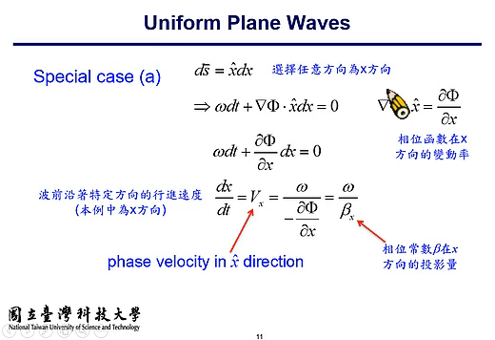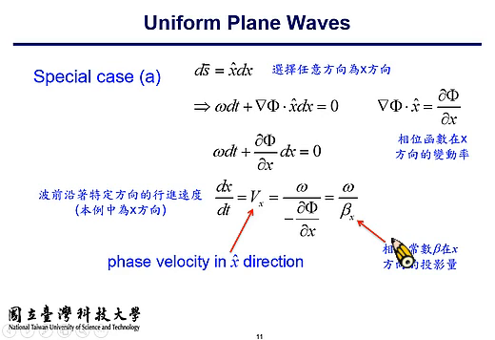So by definition, Vx, the phase velocity in the x direction, is defined as dx over dt, where dt can be substituted with the terms we found in the phase function: omega over minus the spatial derivative of phi with respect to x, and that is omega over beta x.